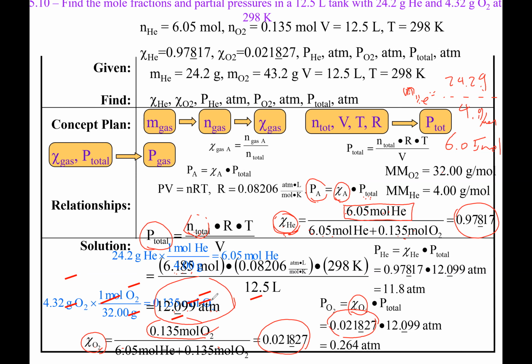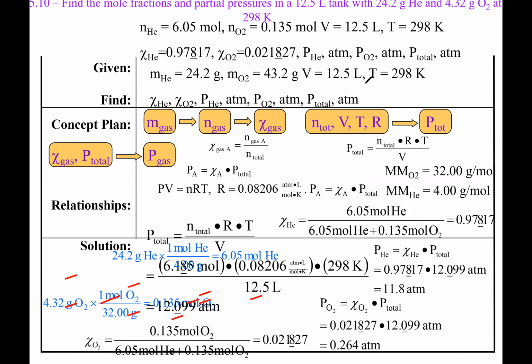And if you want to get the partial pressure for the oxygen, the partial pressure for oxygen is the mole fraction of oxygen times the total pressure. The partial pressure for helium is the mole fraction of helium, which is this one, times the total pressure.